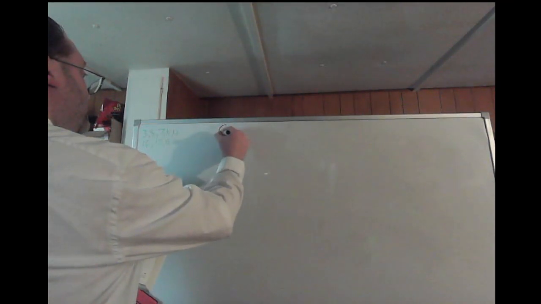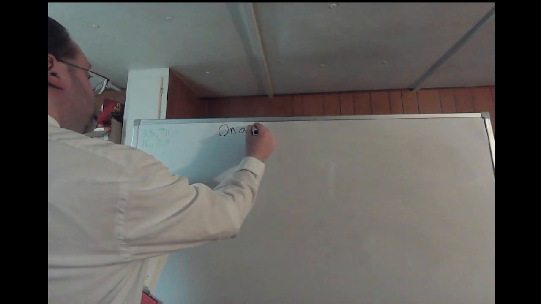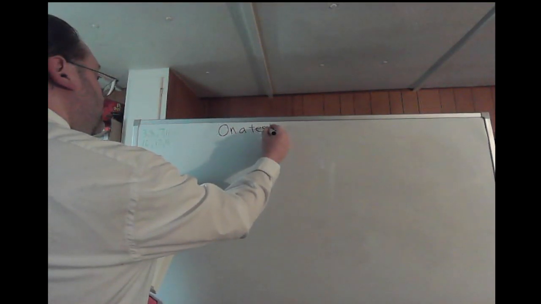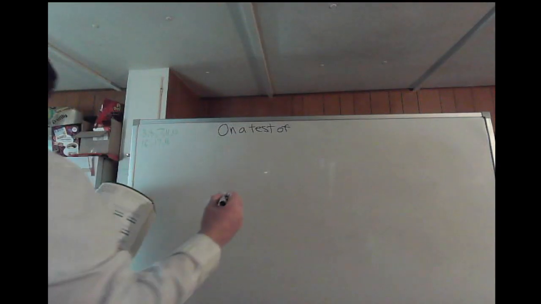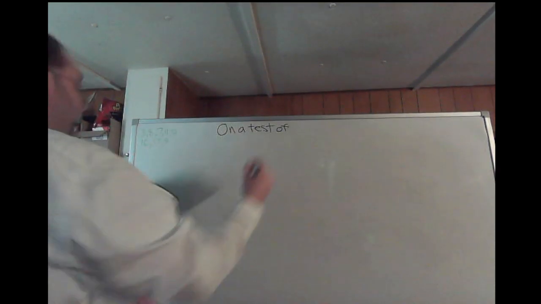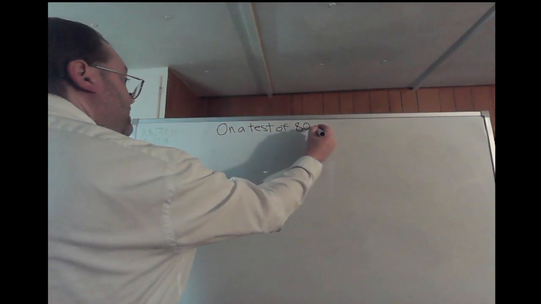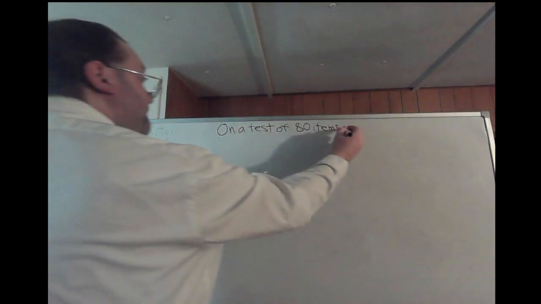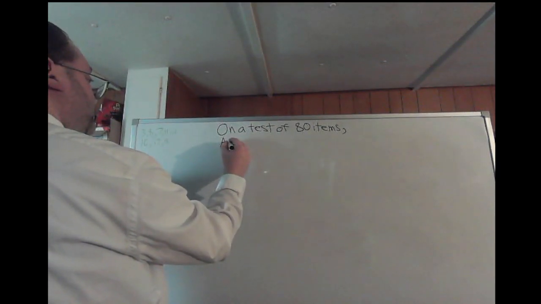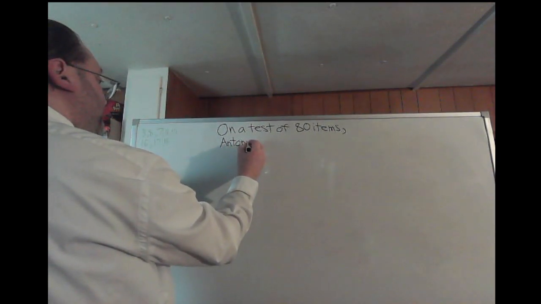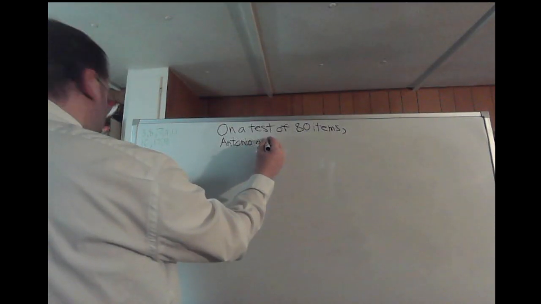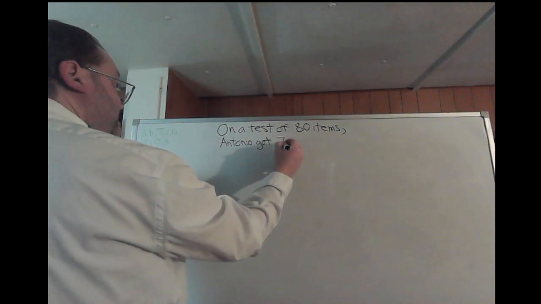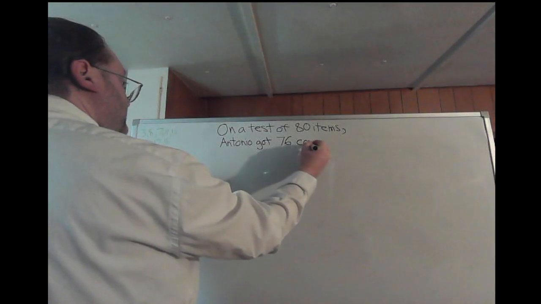Let's talk about some test results, alright? So, on a test of 80 items, so there were 80 questions, 80 items, Antonio got 76 correct.